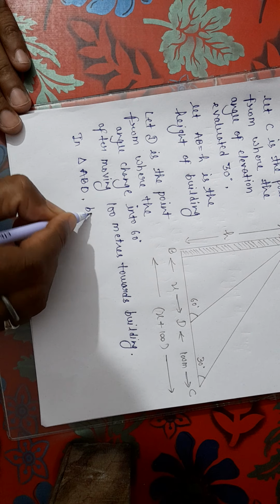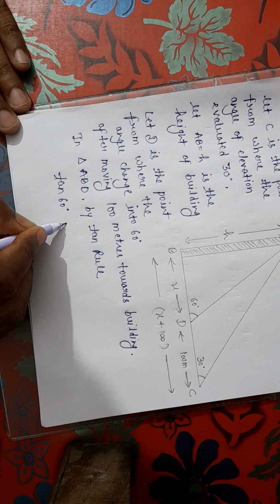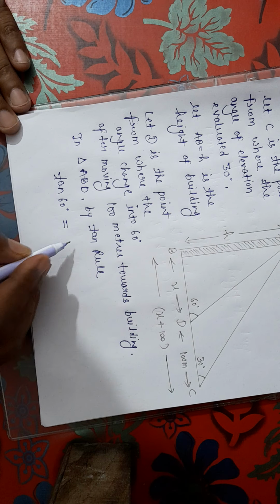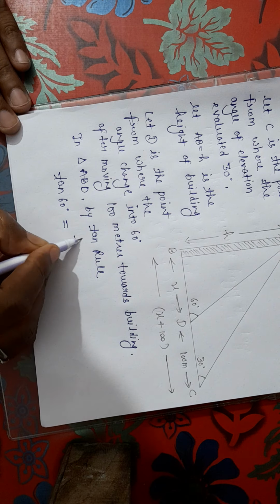So tan 60 equals height upon base. Height is AB, base is BD. AB value is h, base is x.